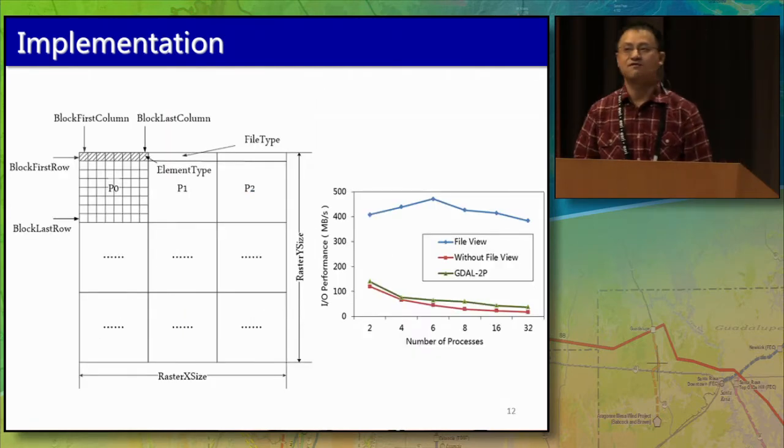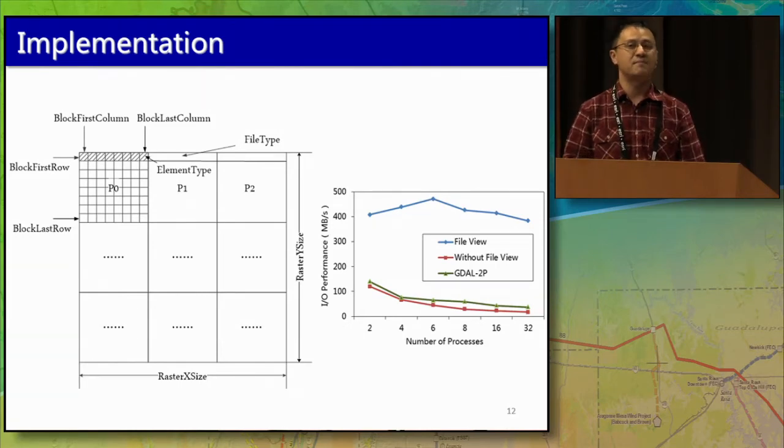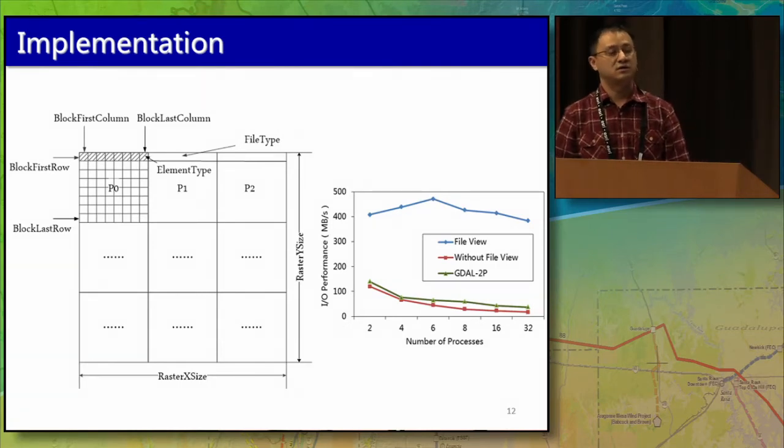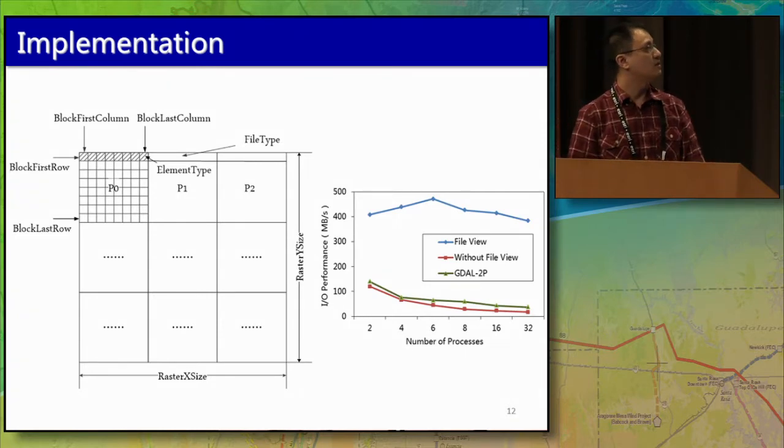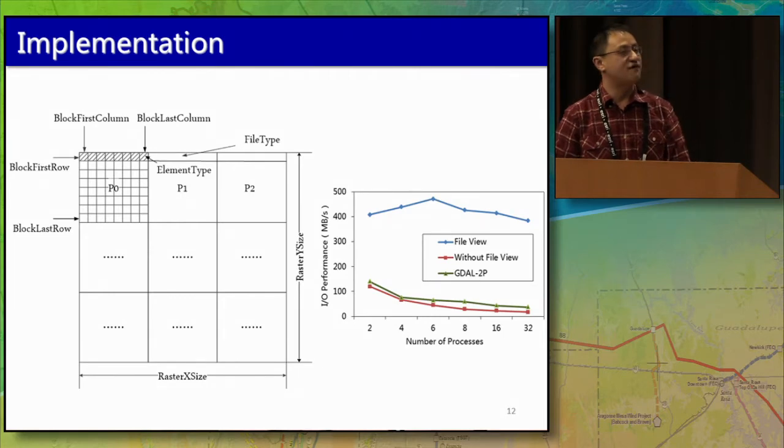So what is the file view? File view is integrated in the MPI-IO. It is an efficient parallel I/O mode. This is an example of a file view. We can see that in different MPI versions, the file view setting may be different.